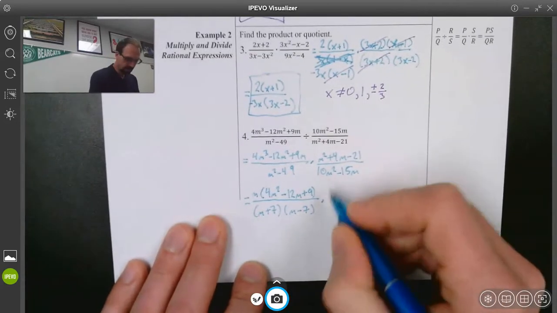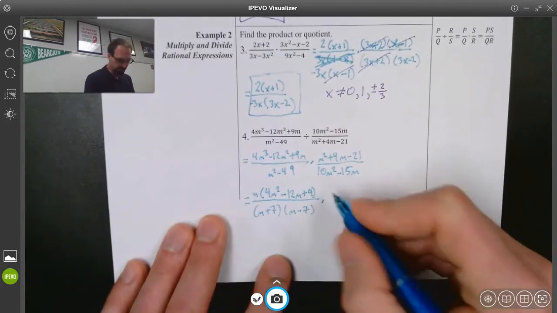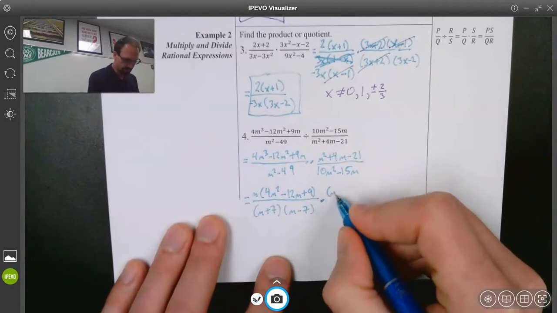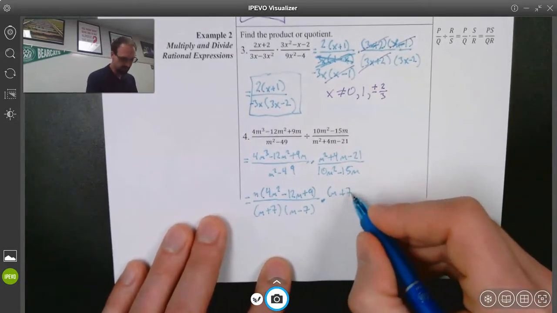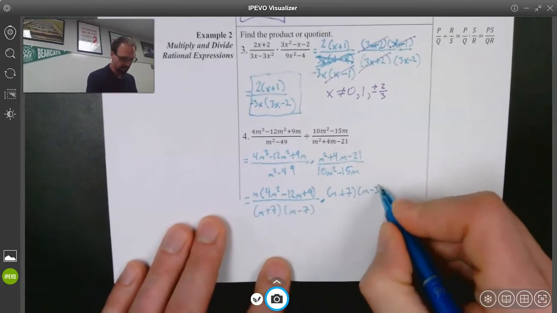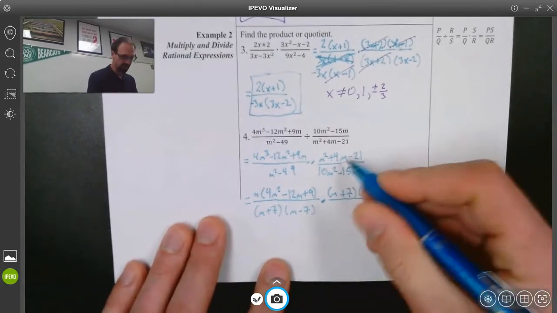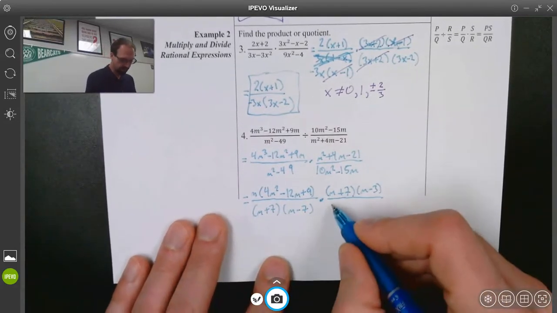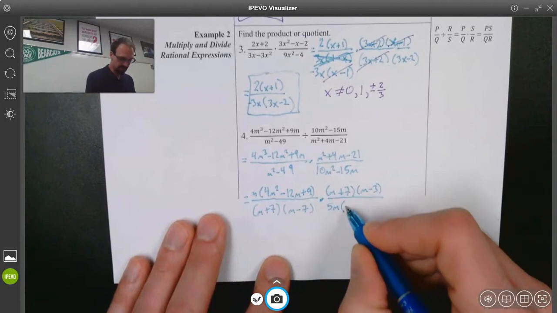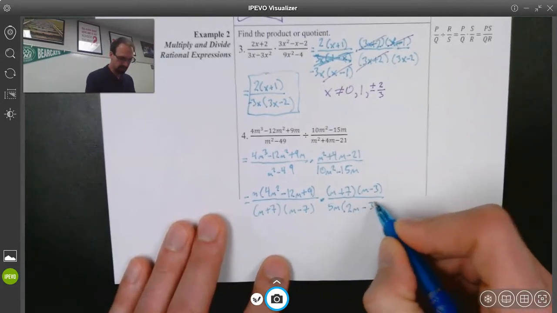Times, over here, looks like I've got m plus 7, and then m minus 3, again factoring the m squared plus 4m minus 21. And then the denominator looks like I can factor out a 5m, and I'm left with 2m minus 3.